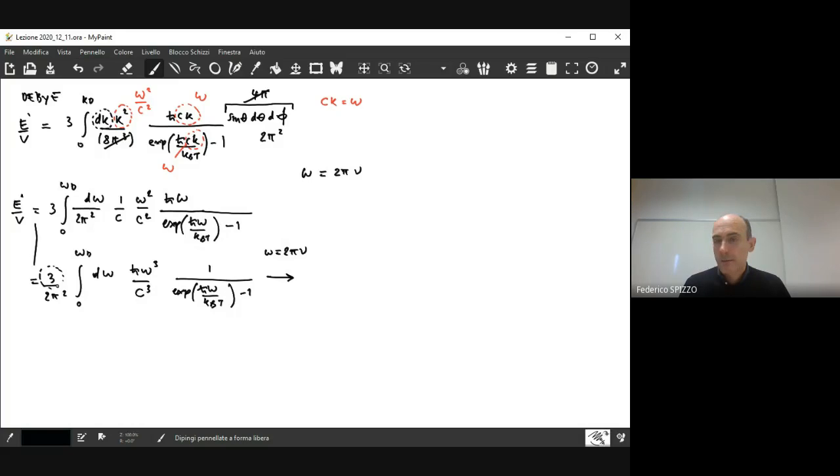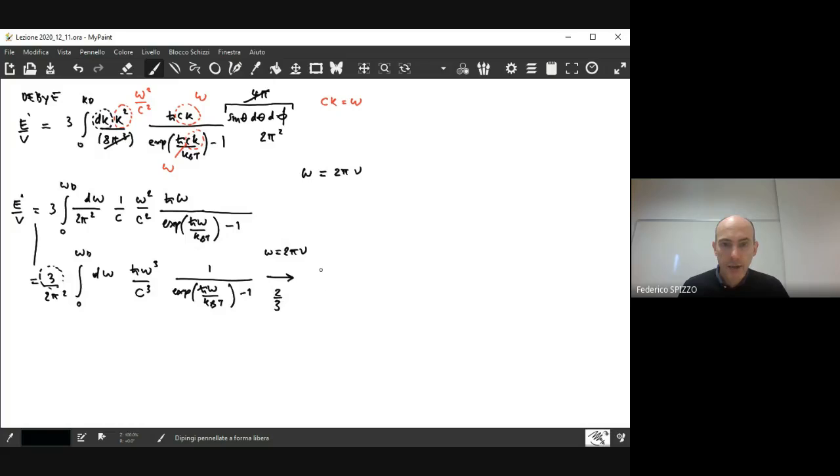For electromagnetic waves, you have not 3 possible polarizations, you have just 2 possible polarizations for photons. So in this case, I multiply everything by 2 divided by 3. I divide by 3 because I just want the contribution of one of the possible polarizations, and I multiply by 2 because in the case of the photons, you have 2 possible polarization states, not 3 as you have for phonons.